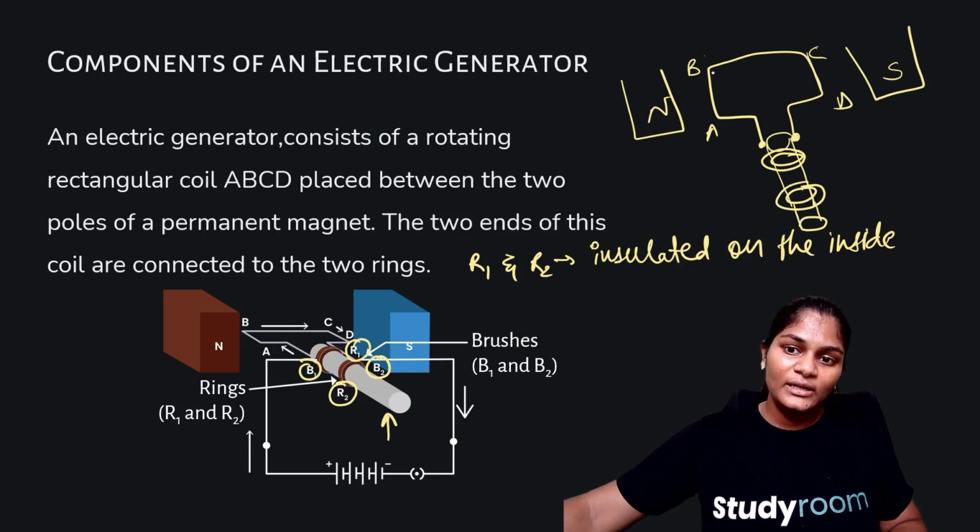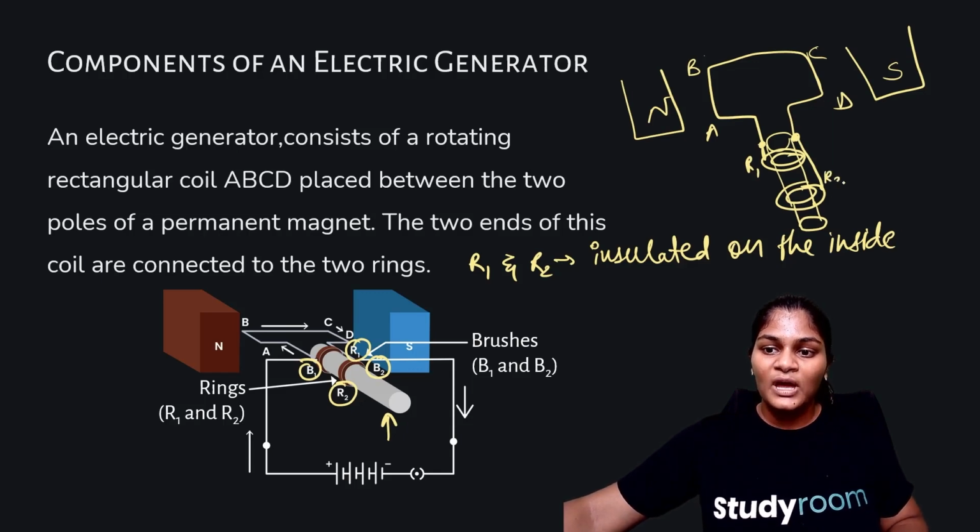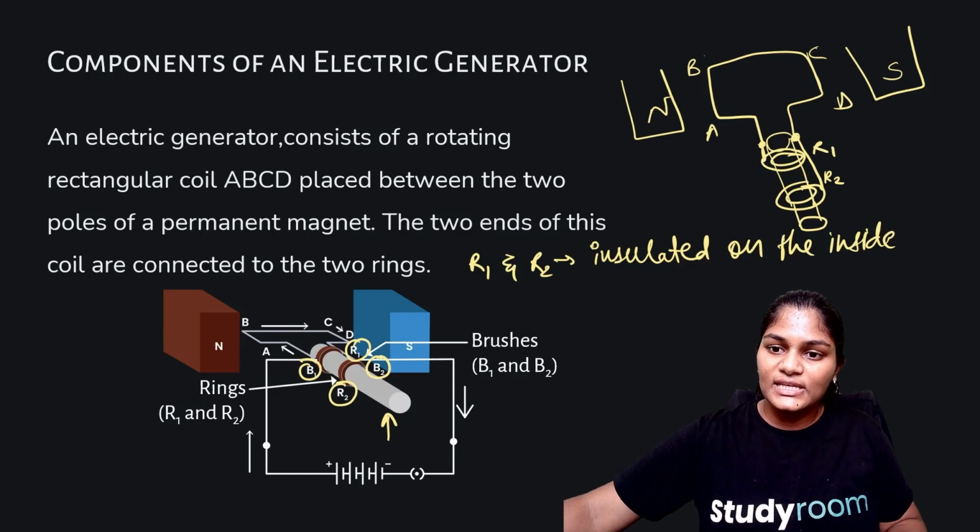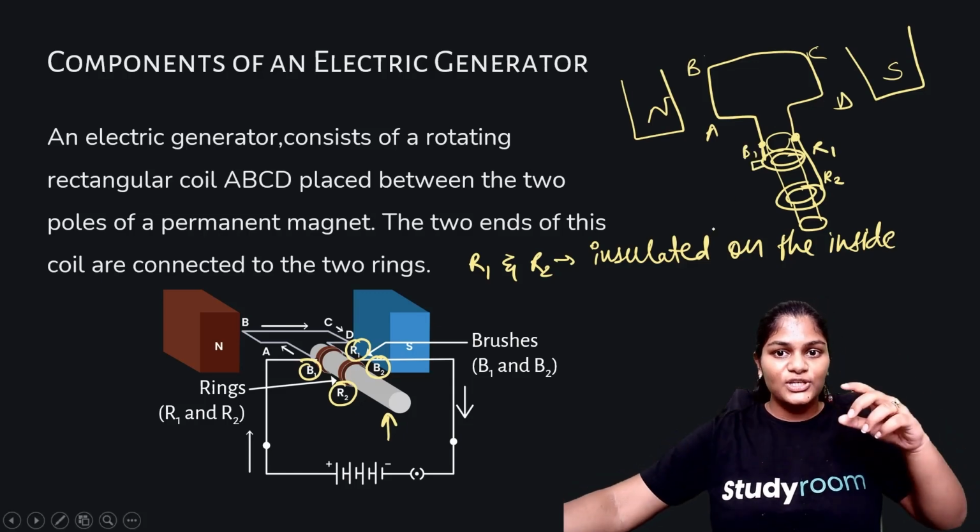So this end is connected to one of the rings, then this end is connected to the other ring. This end is not connected to the first ring R1. And here is the brush B1, which is the stationary brush.